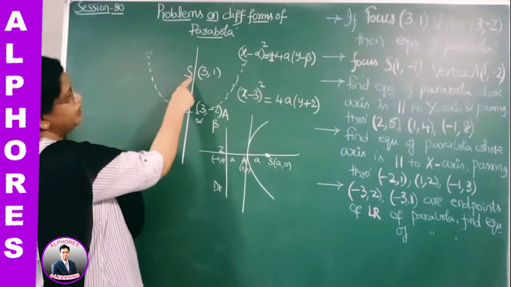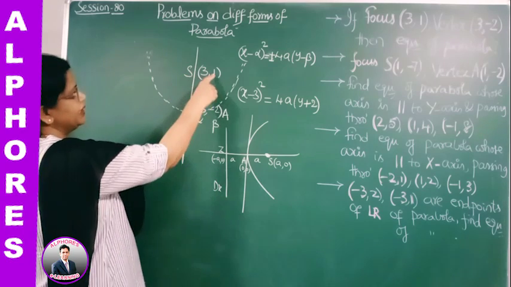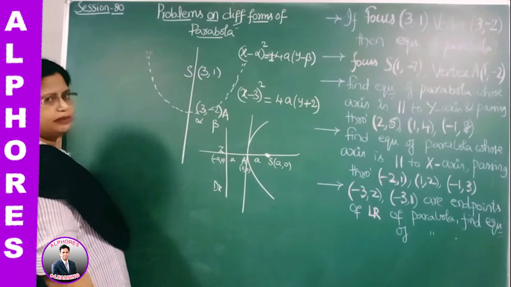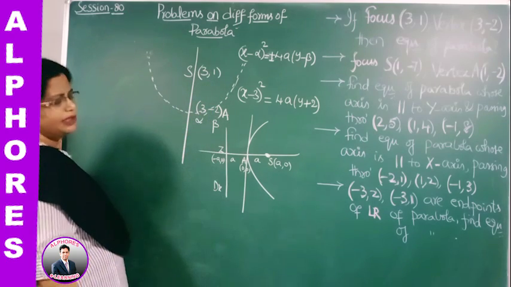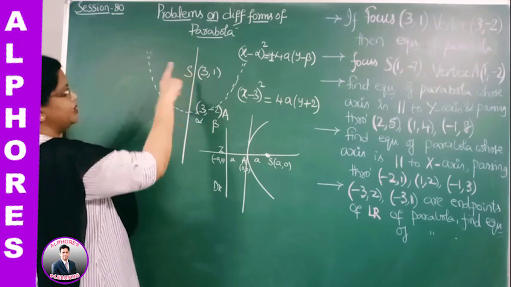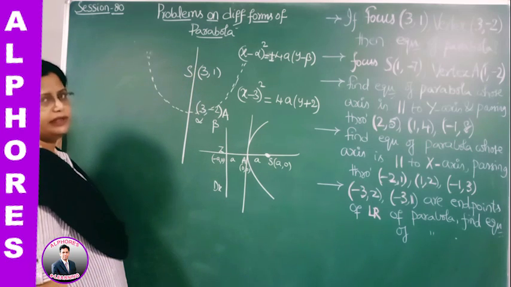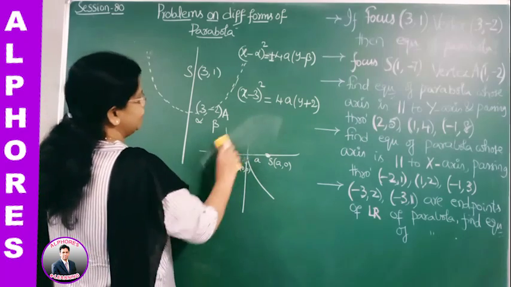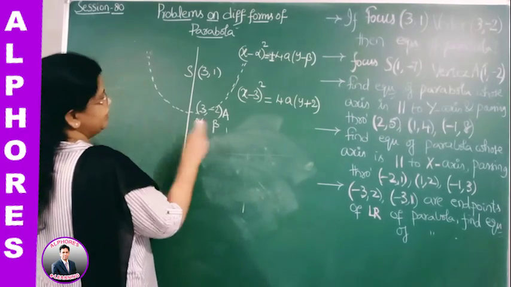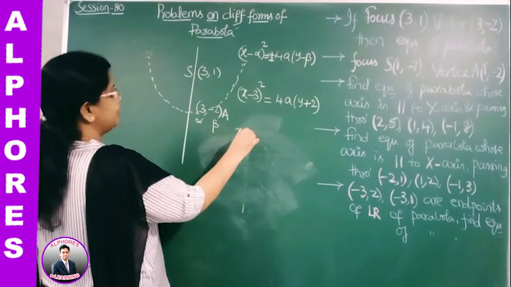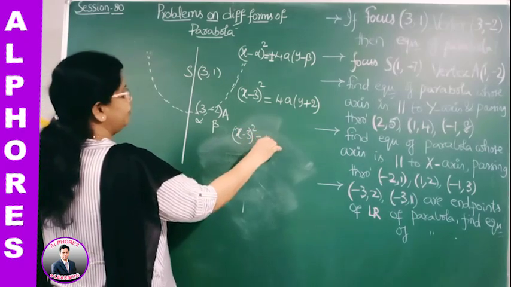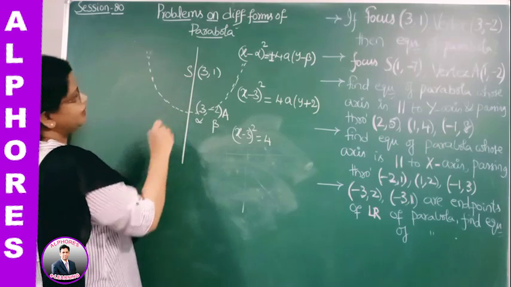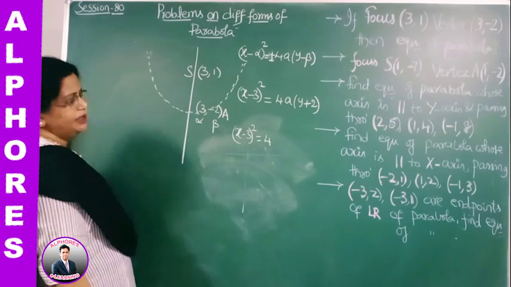Therefore what is the distance between them? It is exactly how many units? It is 3 units, since 1 plus 2 whole square, if you take the root, is 3 units. So you got the value of a as 3, thereby 4a is 12. Therefore the complete equation is x minus 3 whole square equal to 4 into a, which is nothing but AS, and AS value is 3.